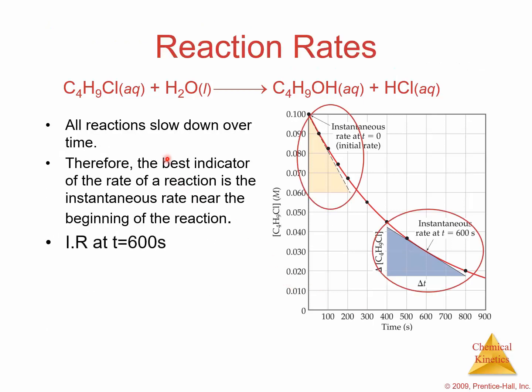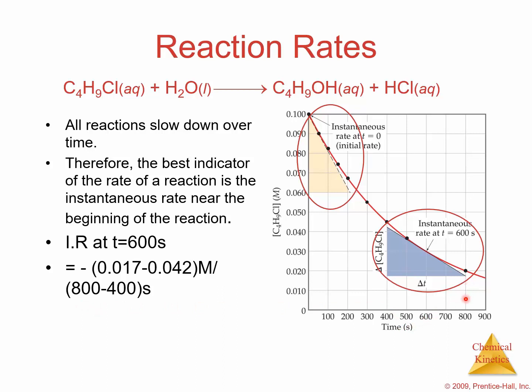Notice that all reactions slow down over time. Therefore, the best indicator of the rate of a reaction is the instantaneous rate near the beginning of a reaction. So what is the instantaneous rate at time equal 600? Here you see we draw a tangent as I told you, and then we get change in concentration of butyl chloride divided by change in time.